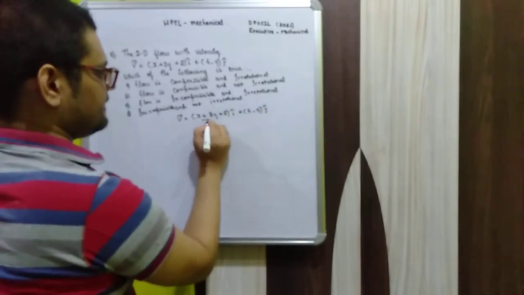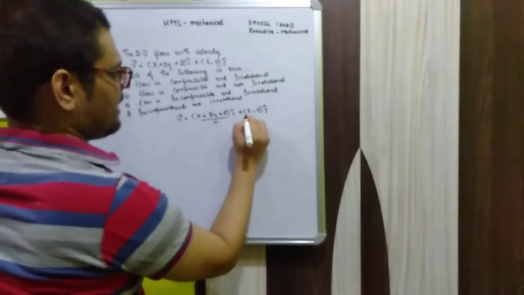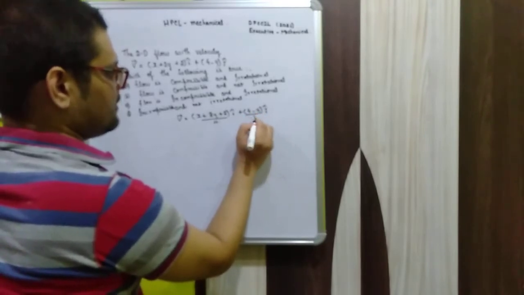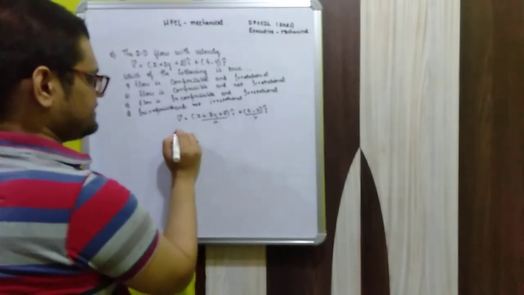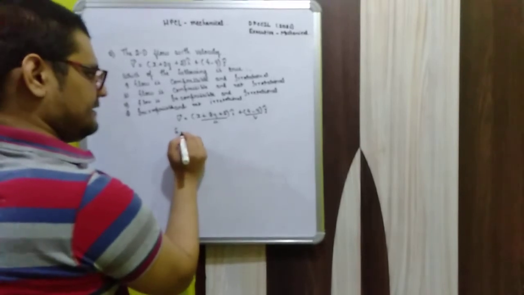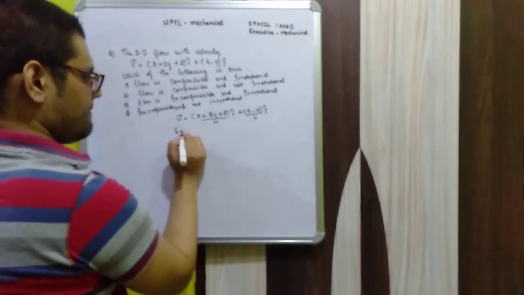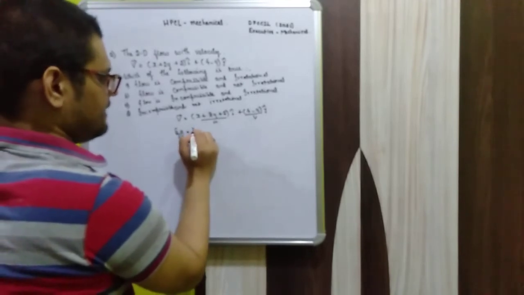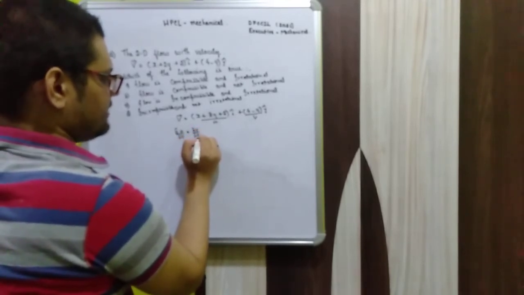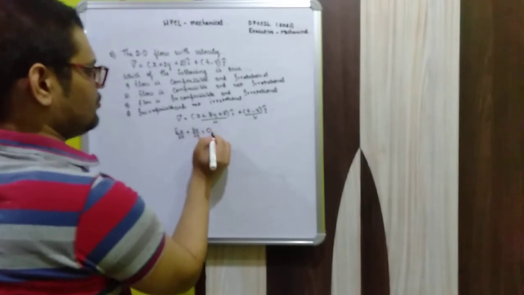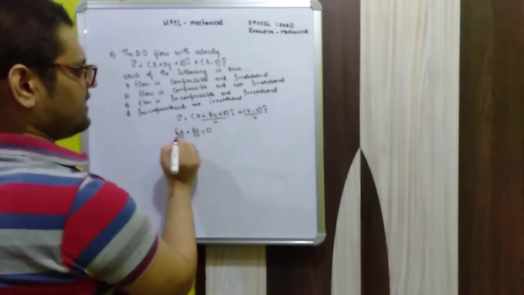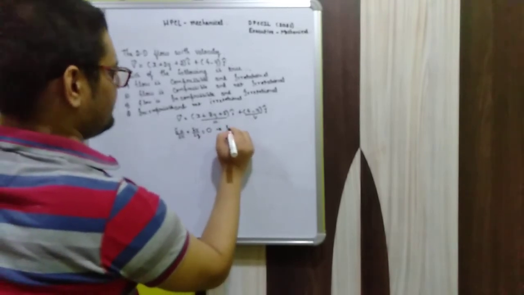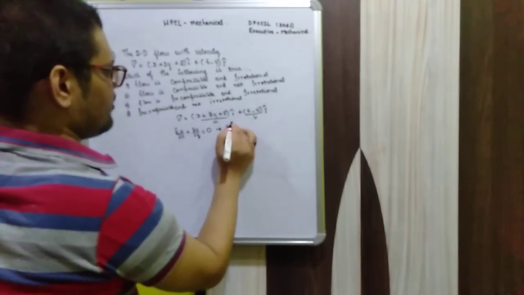We are taking the first component as U and the second as V. If the equation del U by del x plus del V by del y is equal to 0 is satisfied, then we can say that the flow is incompressible.